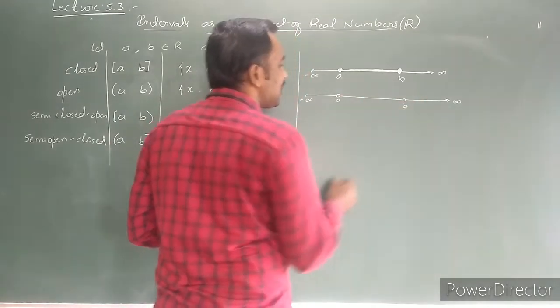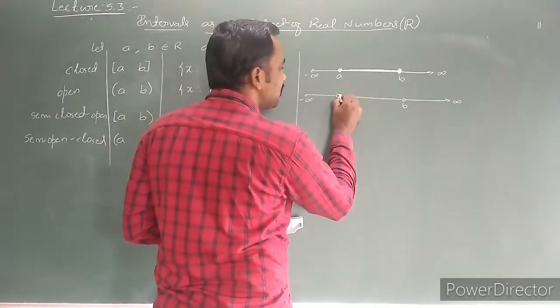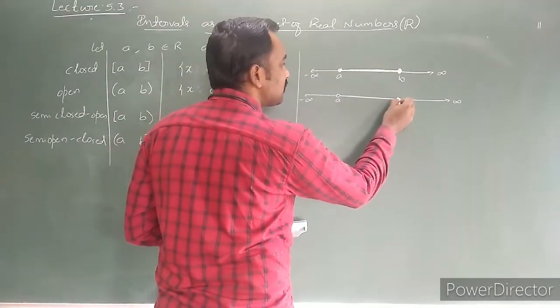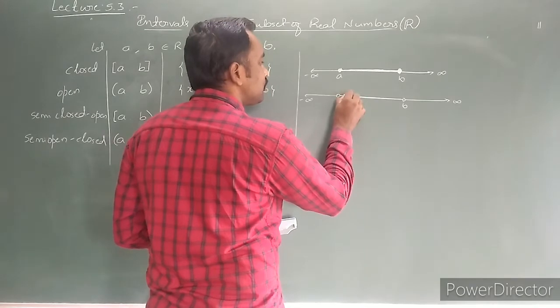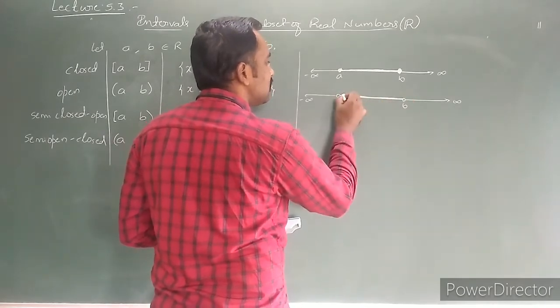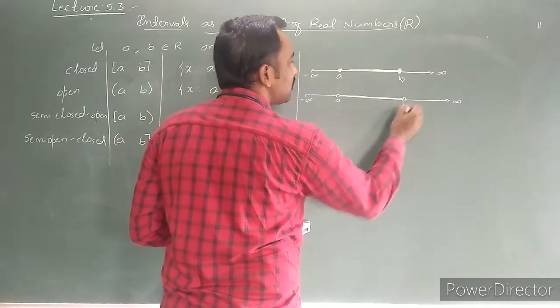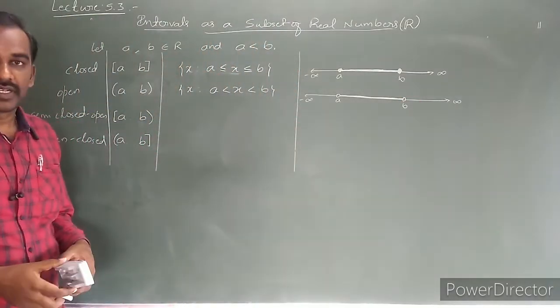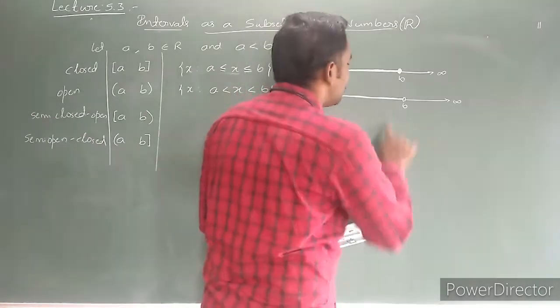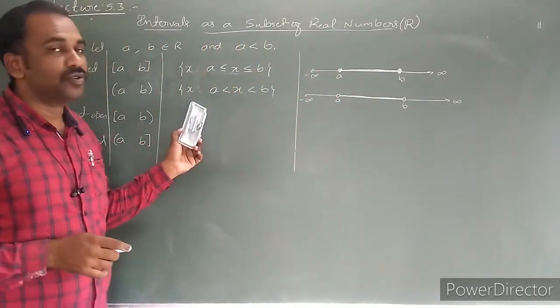That means exactly at a and exactly at b, values are not included. Is that clear? This is how the points are represented in an open interval.